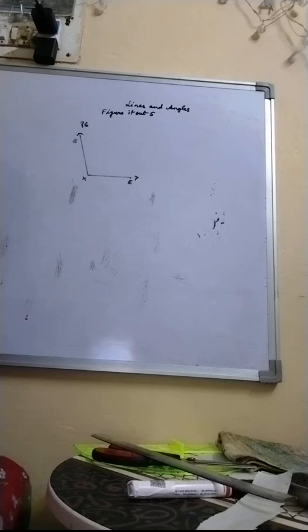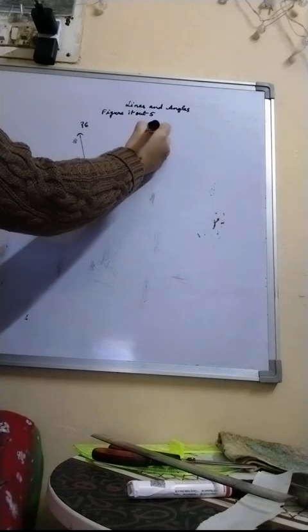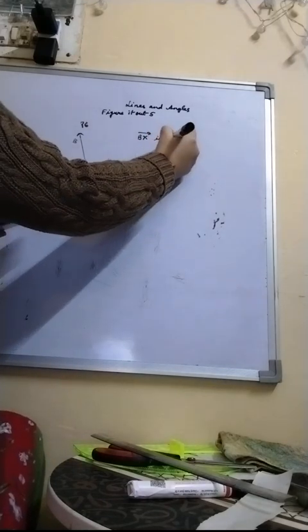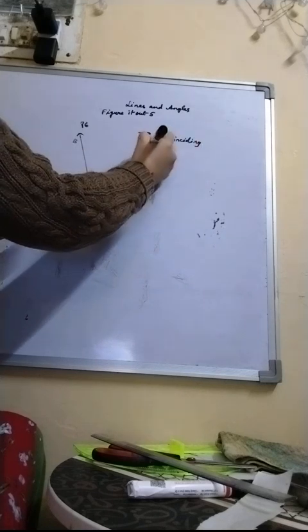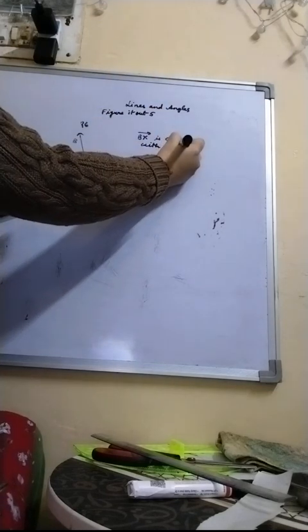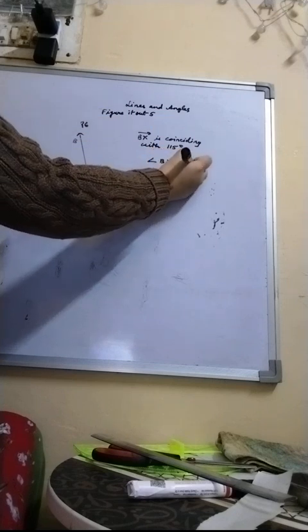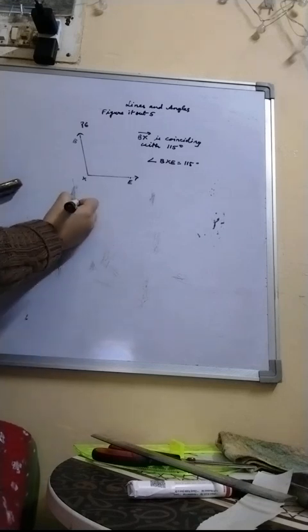After 110 there are 4 lines, so 114, and the ray BX is coinciding with 115th. Therefore, angle BXE is 115 degree.